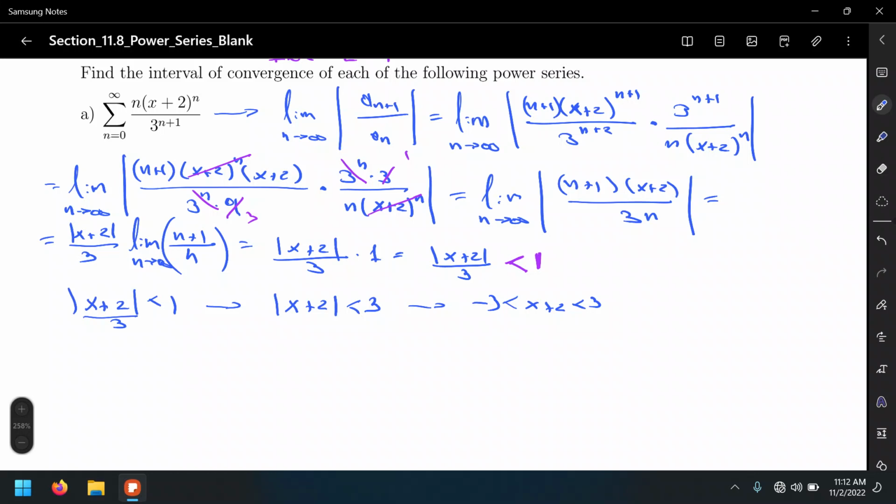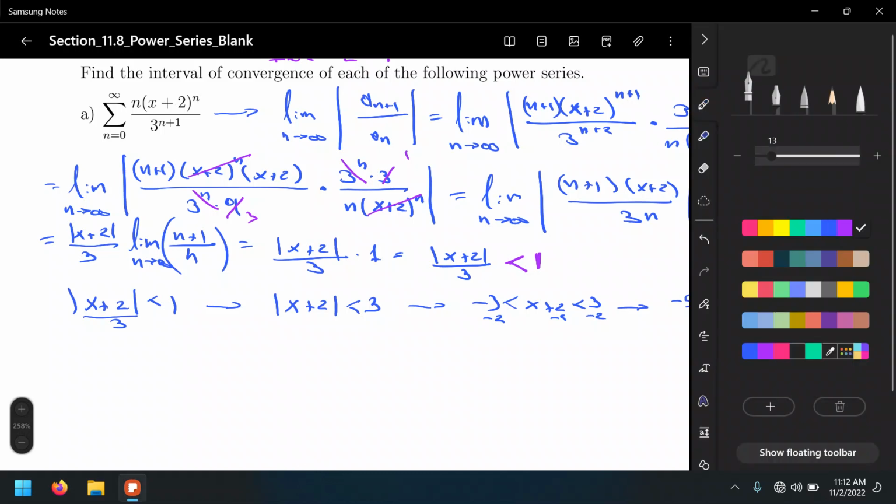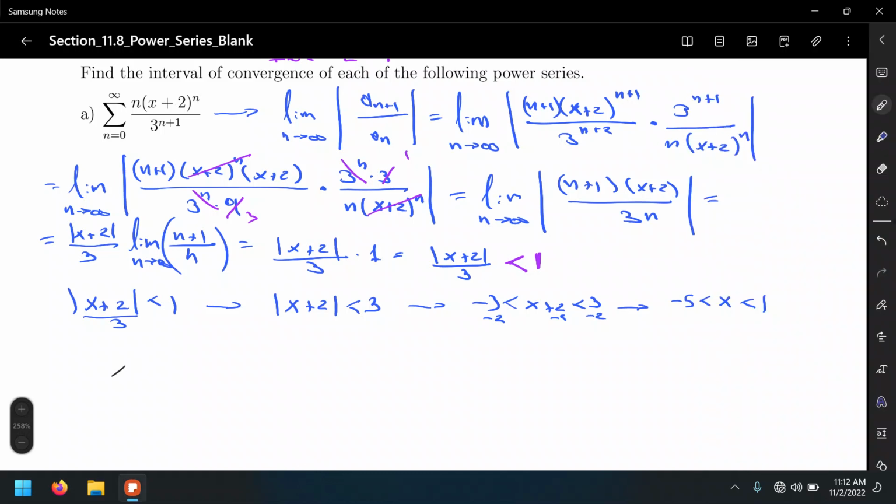Keep solving the inequality, subtracting 2 on the 3 sides. That's going to be x greater than negative 5 and x less than 1. Well, what is that going to represent? Number 1, in the original series, that x plus 2 indicates that the series is centered at negative 2 actually.